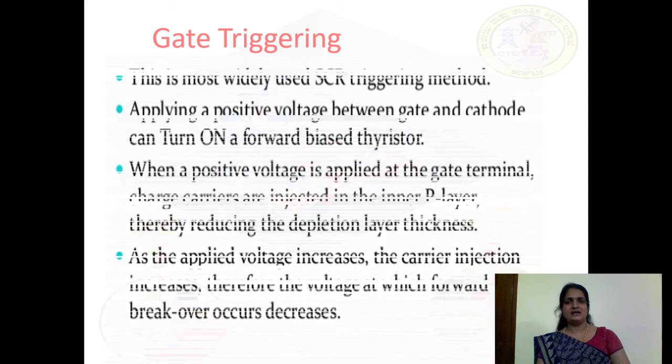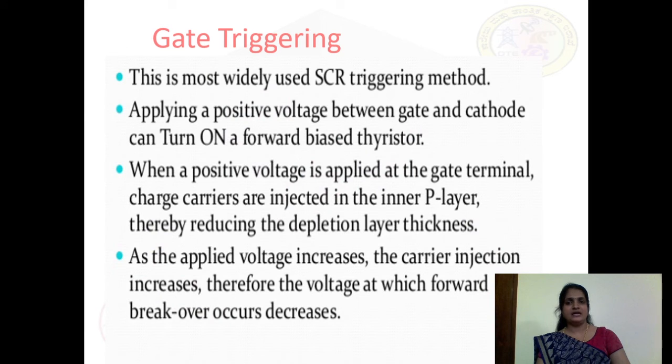And the next kind of triggering is gate triggering. This is the most widely used SCR triggering method. Here we apply a positive voltage between the gate and the cathode to turn on a forward biased thyristor.